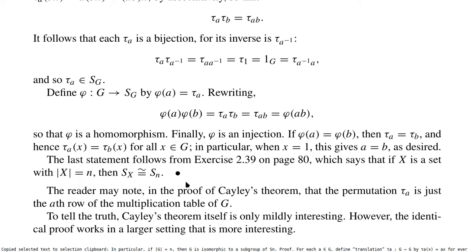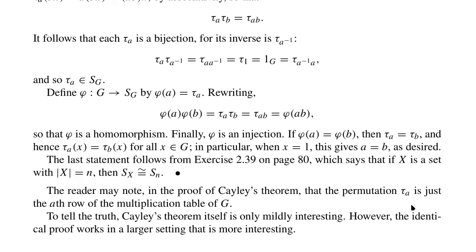So this is Cayley's theorem, and if you remember, we had the Cayley table, where you draw the table for all the multiplications that you do in a group using the law of composition, and this is exactly that. This permutation tau A is going to be the A-th row.